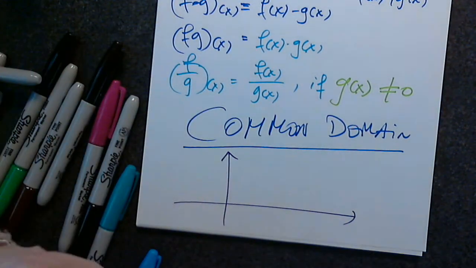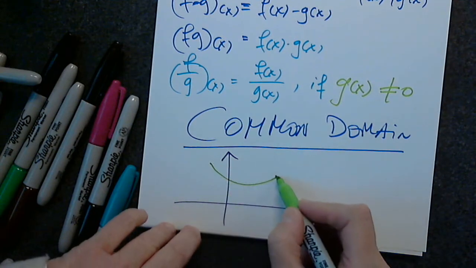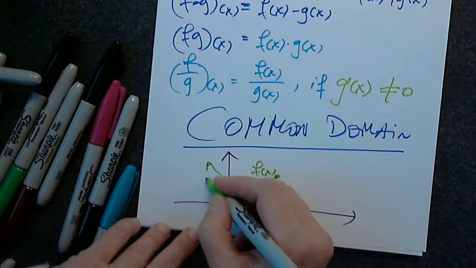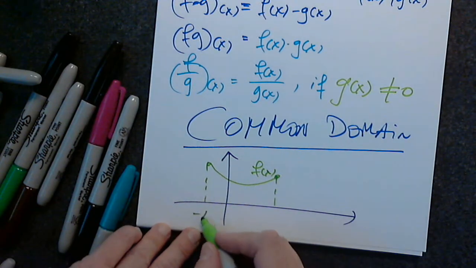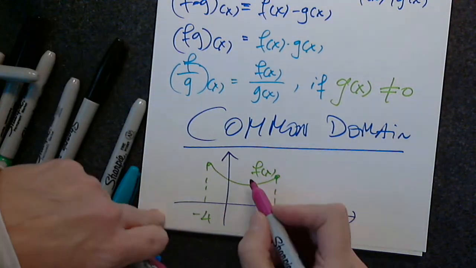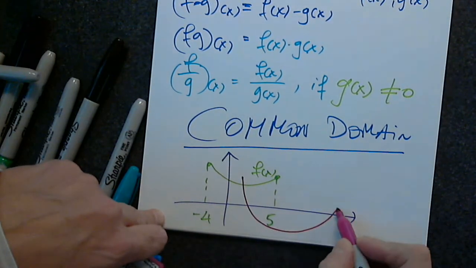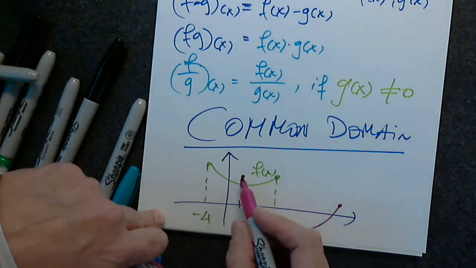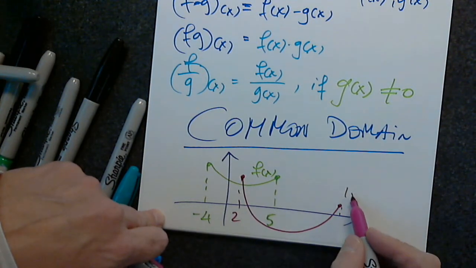Here is the green function, f of x, and let's say between -4 and 5. And let's say I have a purple function, let's say between 2 and 15.